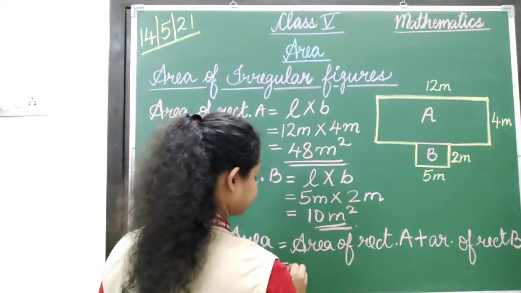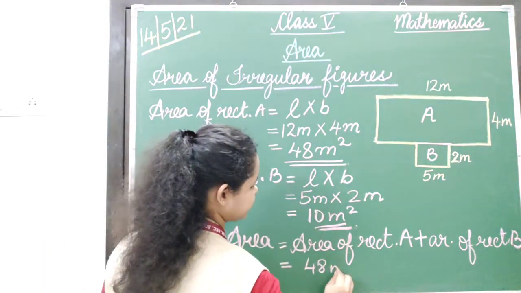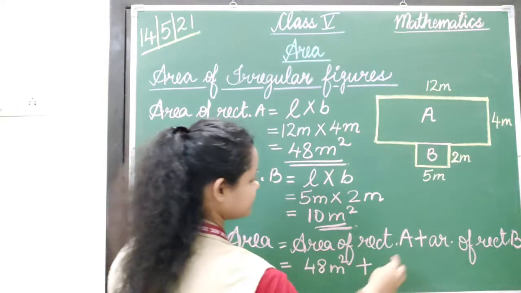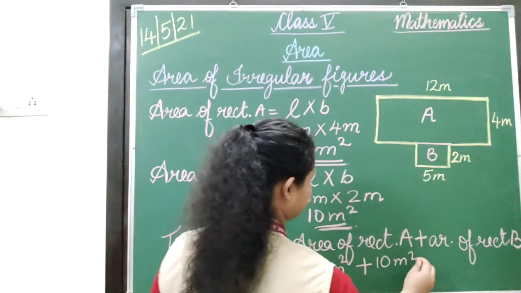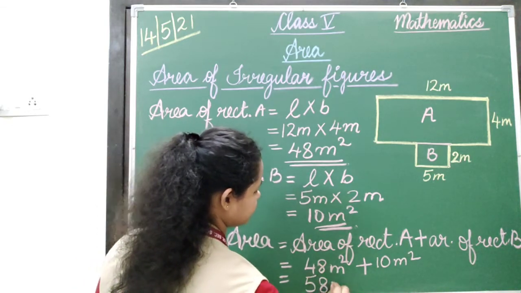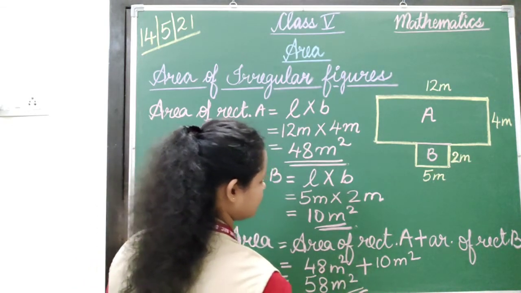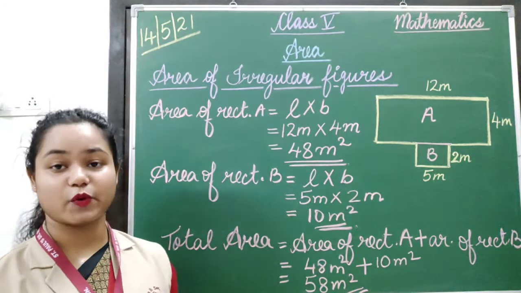So, area of rectangle A is how much? 48 meter square plus area of rectangle B 10 meter square. So, our answer is 58 meter square. Total area is 58 meter square.